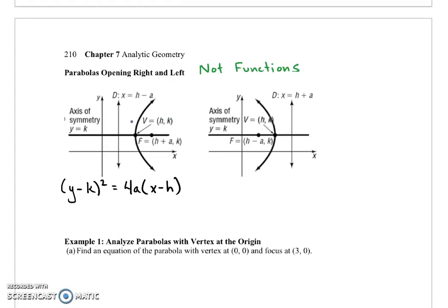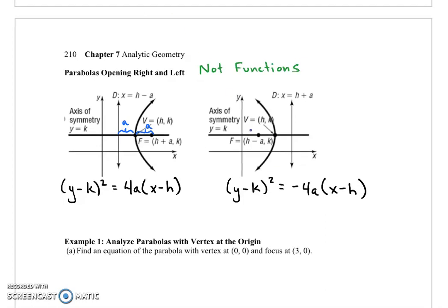And again, a is the distance from the focus to the vertex, or from the directrix to the focus. And if it opens to the left, it's exactly the same thing, except we have a negative 4a instead of a positive 4a.